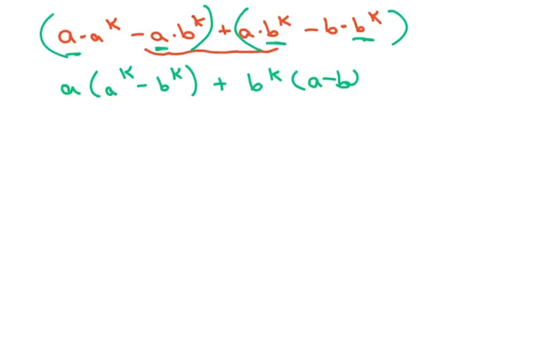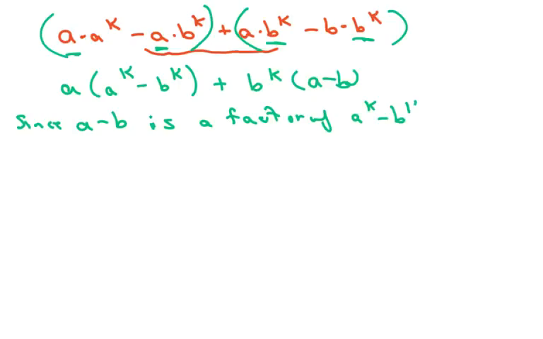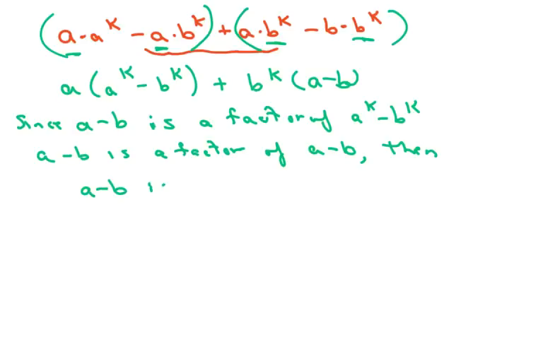Now, since a minus b is a factor of a to the k minus b to the k, and also because a minus b is a factor of a minus b, then we know that a minus b is a factor of a to the k plus 1 minus b to the k plus 1.